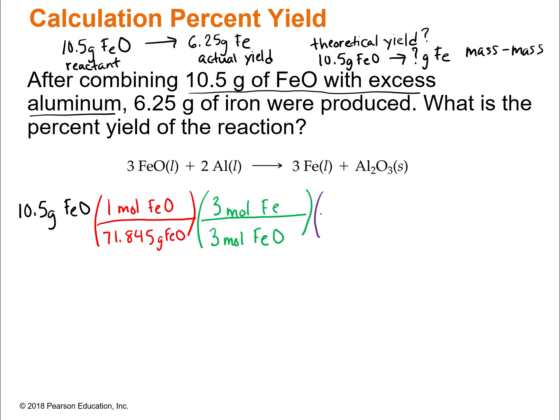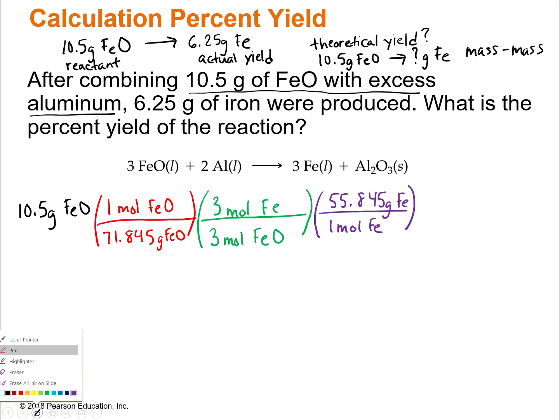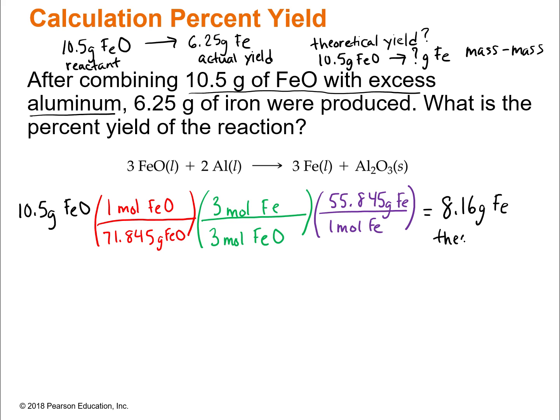The last step, use the molar mass of iron to figure out how many grams of iron you would make in a perfect world. That's our theoretical yield, 8.16 grams of iron. Now we're ready to calculate the percent yield.